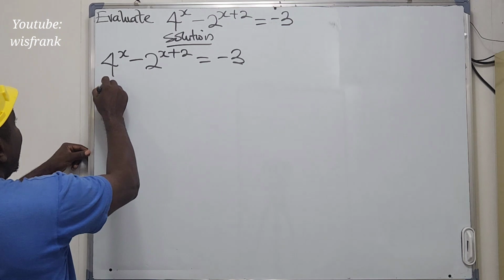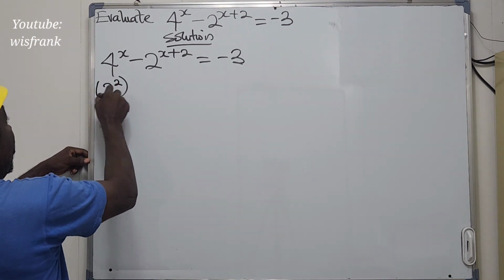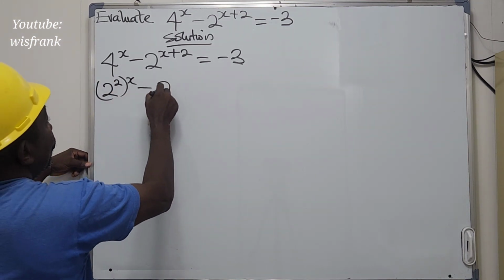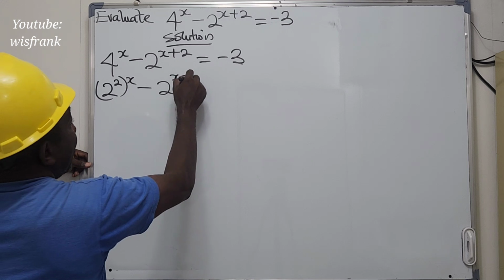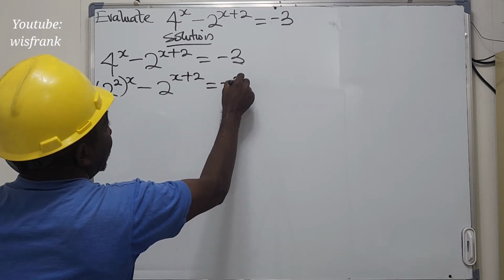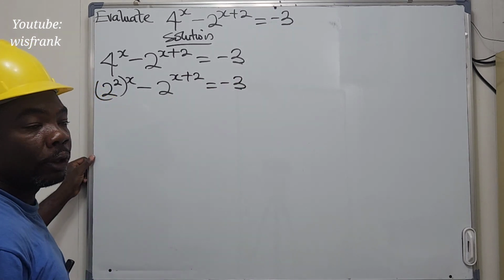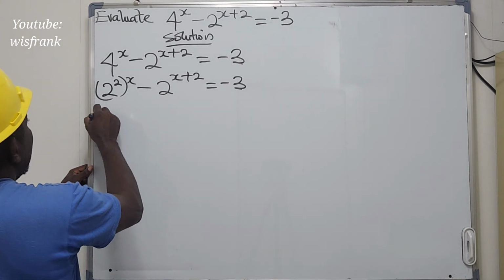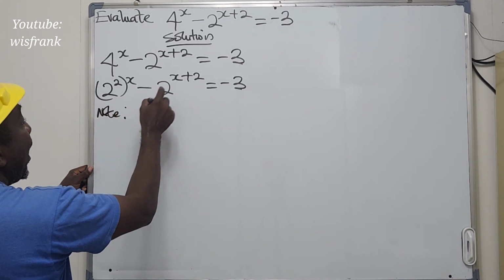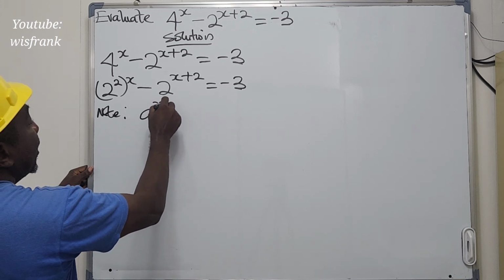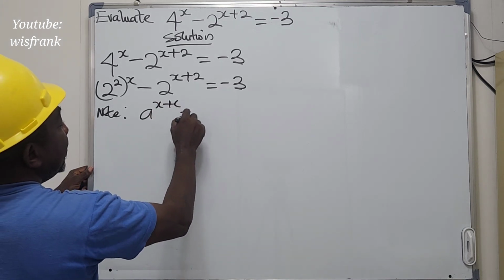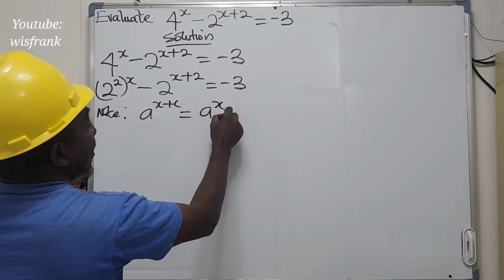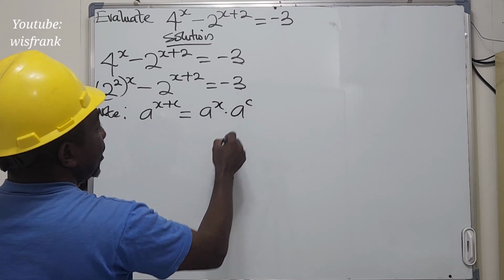This can be written as 2 to the power of 2, all to the power of x, minus 2 to the power of 2x plus 2 equals minus 3. We also recall the laws of indices that say that when we have a to the power of x plus c, it is the same thing as a to the power of x times a to the power of c.